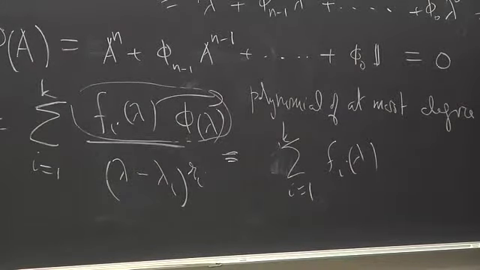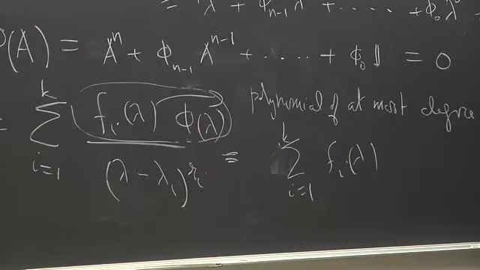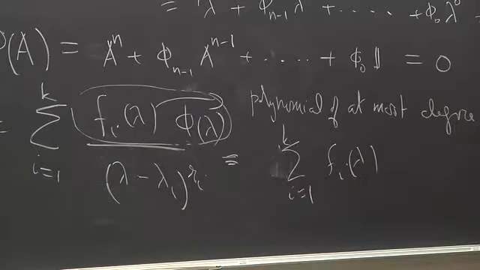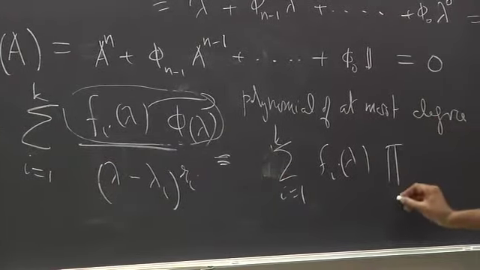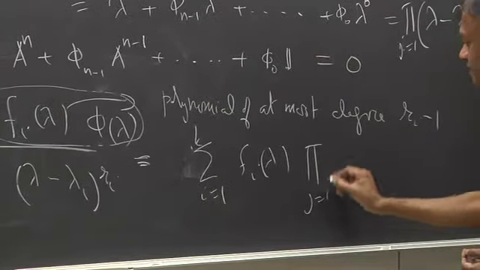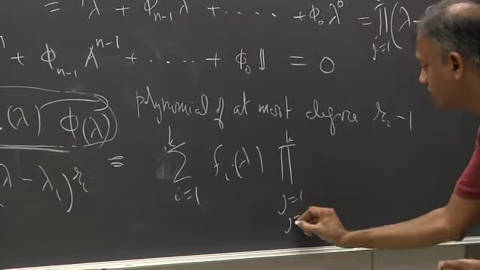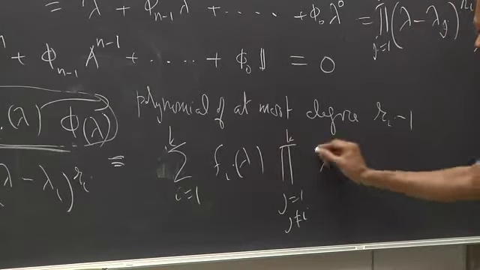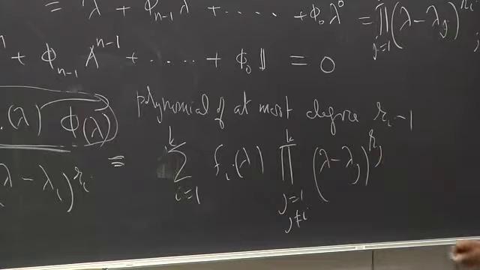So what will be left over is all the remaining j's, j not equal to i, because the j equal to i term will exactly cancel with that. So this becomes the product j equal to 1 to k, but j not equal to i. So you have to omit the ith term, (lambda minus lambda j) to the power of r_j. Okay. This is what the form is.